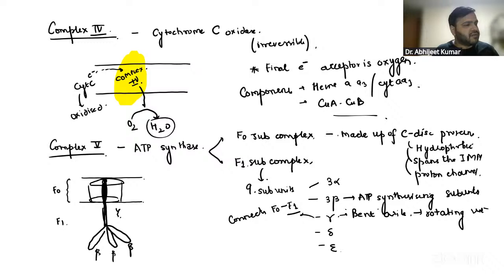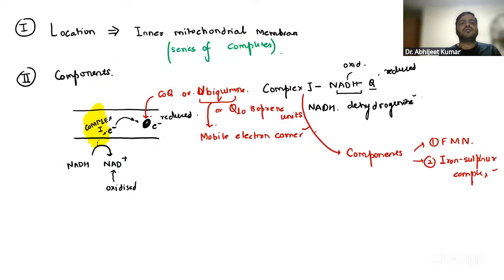Now, guys, we have something called the oxidative phosphorylation. These are the various components of the electron transport chain. Now the third one that we have to remember is the oxidative phosphorylation.